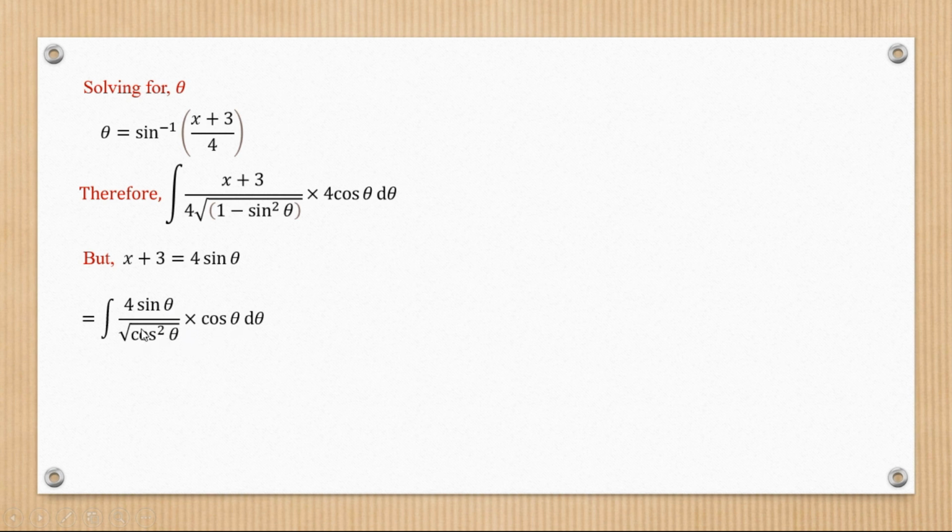And then here I can clearly see that the square root of cos squared theta is cos theta. So this cos theta and that shall cancel, so I'll be left with the integral of 4 sine theta d theta, of which we know that the integral of sine theta is going to be equal to negative cos theta. So I have negative 4 cos theta plus c.